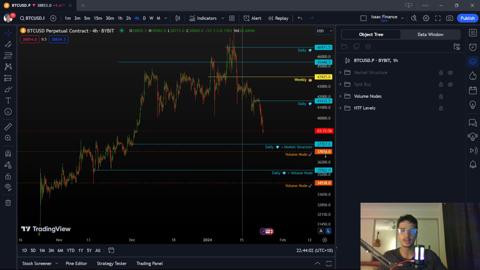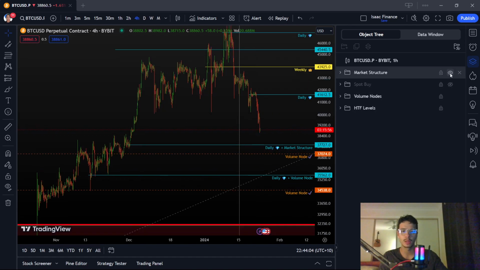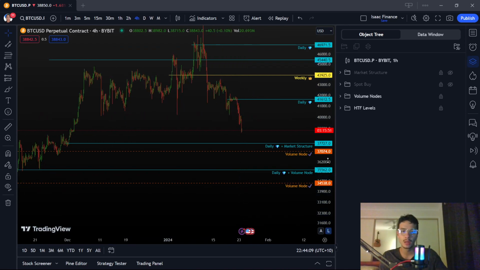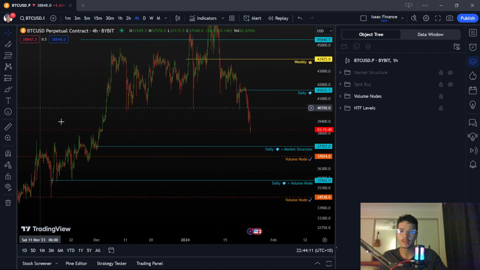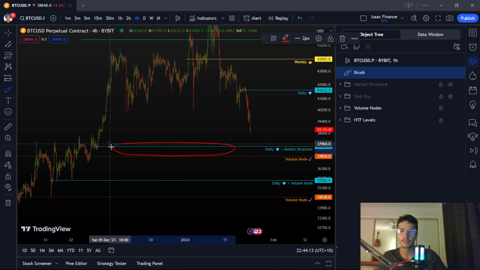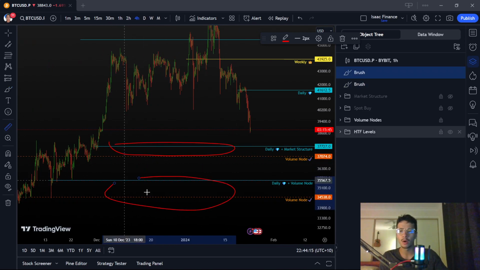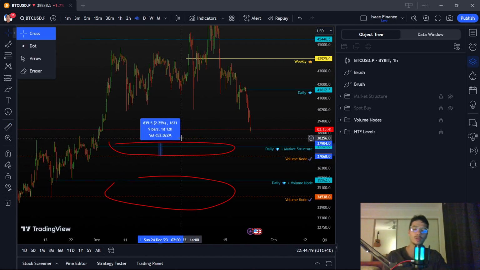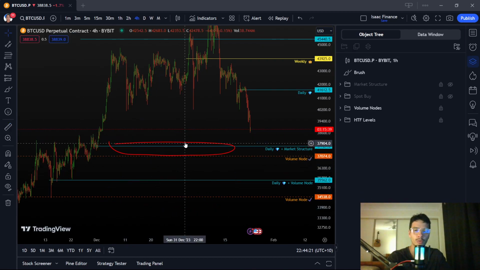So basically, let's just take a look at this deeper. What we're seeing is, let's remove that. What we're looking at right here is really nice regions from here to here. Now, obviously, these are 3% leeways. So you've got a box where you're going to be looking for a potential reversal.